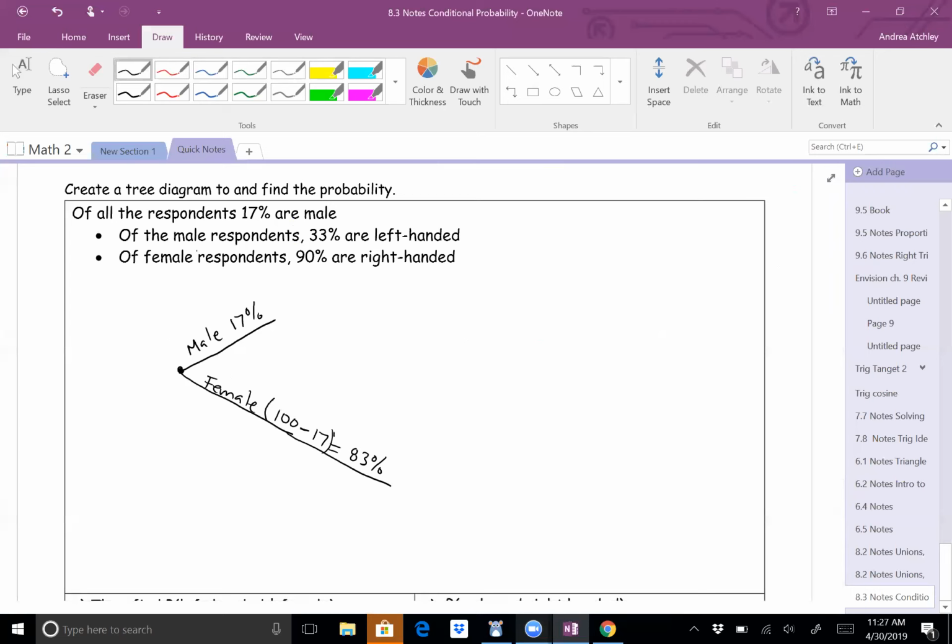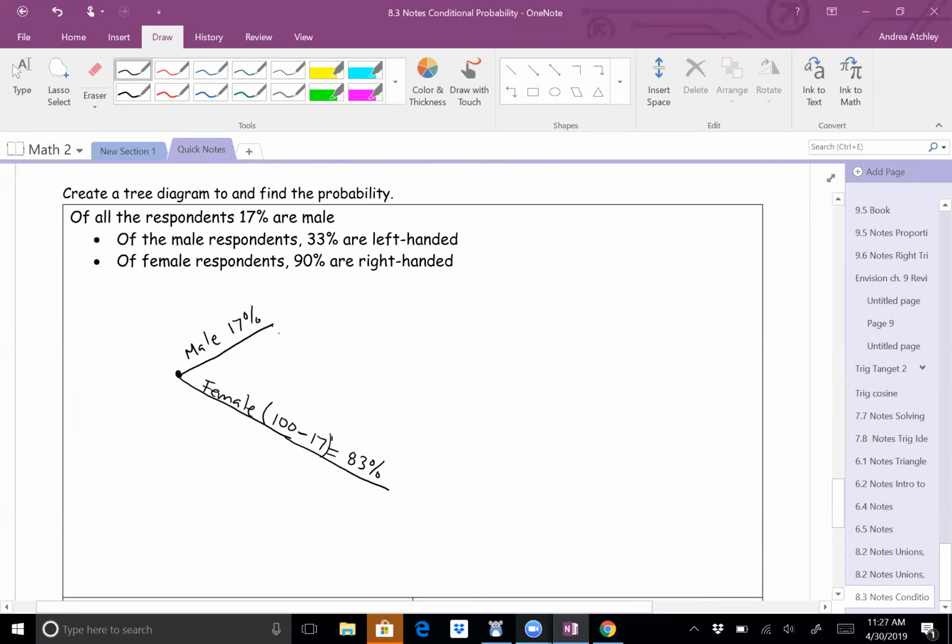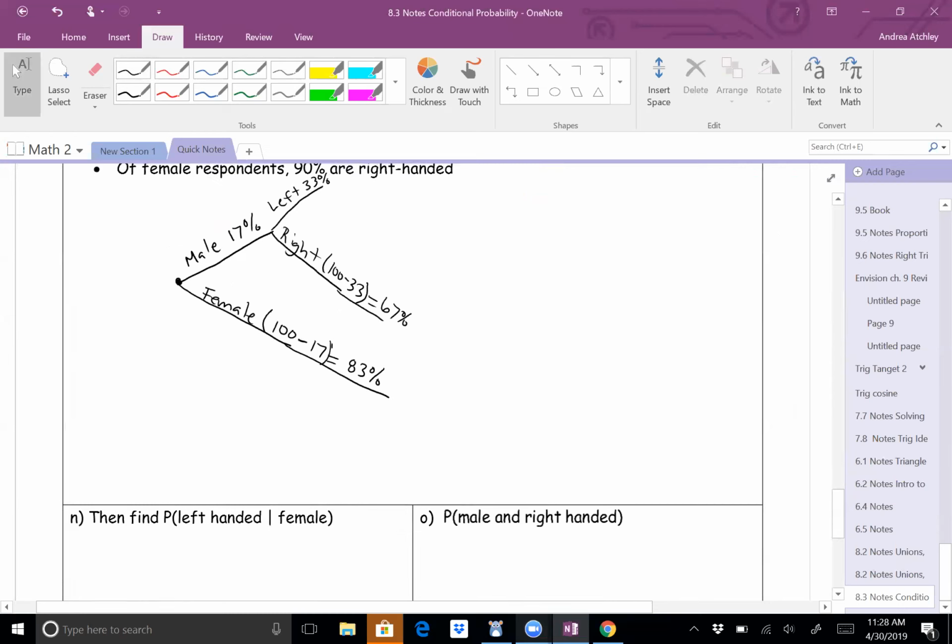The next one, it says of the male respondents, 33% were left-handed. So we have left-handed would be 33%. And then right would then be 100 minus the 33%, which is 67%. Same with female, we're going to do the same thing.